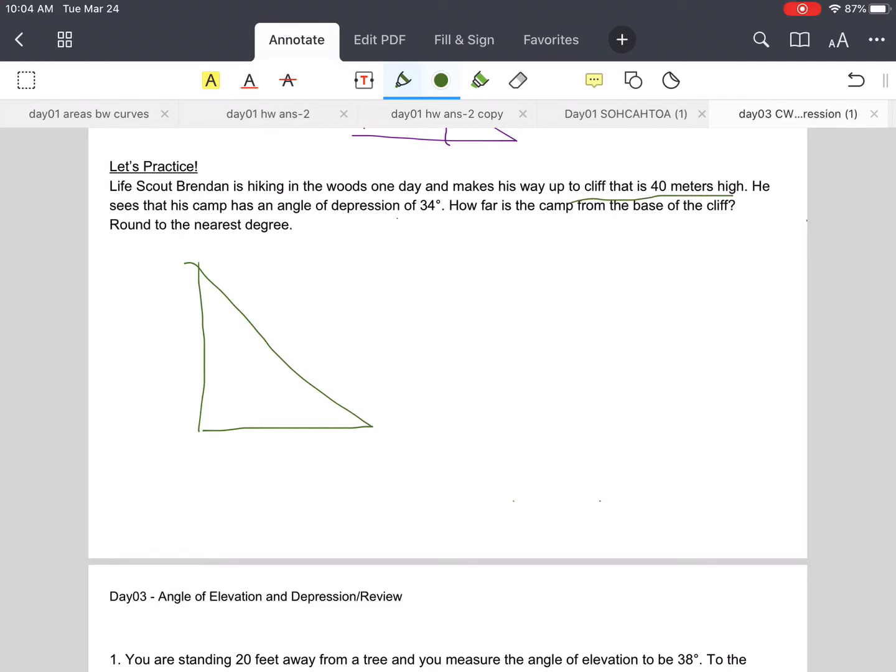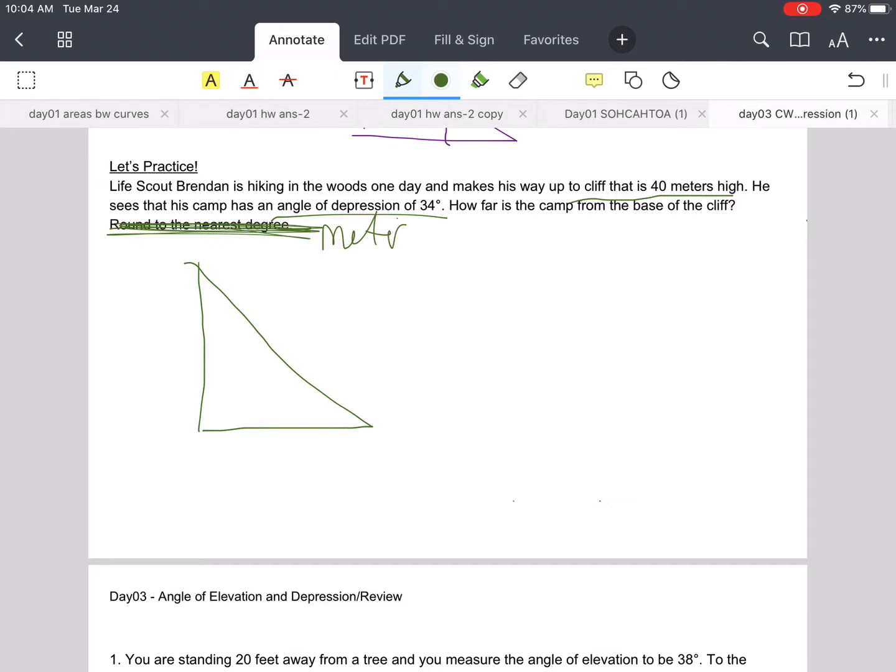He sees that his camp is at an angle of depression of 34. How far is the camp from the base of the cliff? So there's a lot of vocabulary there. They want it to the nearest meter. Sorry, so just ignore that.